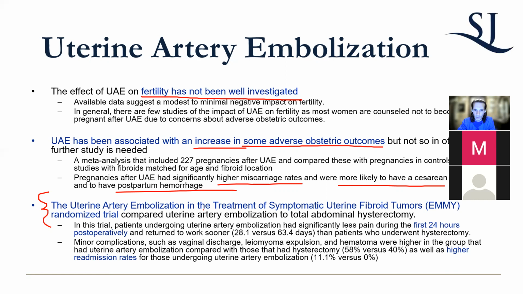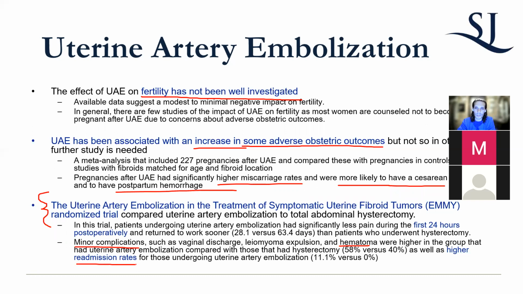There's a big study, a randomized trial that everybody was excited about, that compared embolization to total abdominal hysterectomy, and it showed what you might expect: a decrease in pain post-procedurally in the case of the uterine artery embolization in the first 24 hours, but there was an increase in minor complications like hematoma formation and readmission rates.